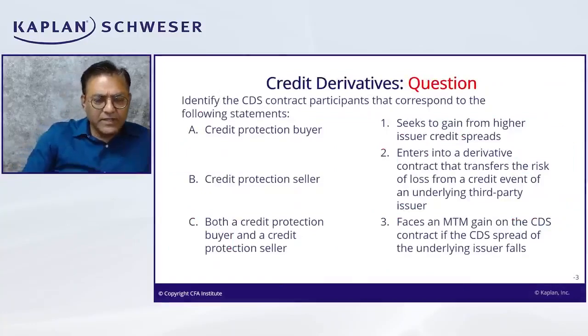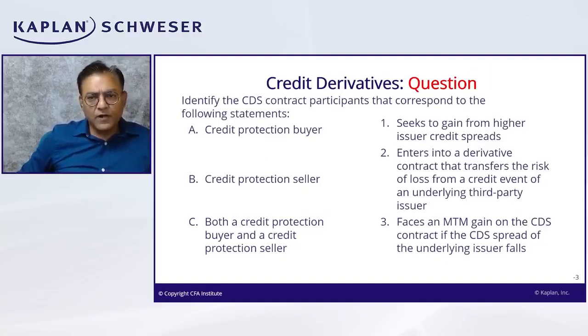Okay, so mix and match for credit derivatives. You are asked to identify the CDS contract participant, whether it is the protection buyer or seller, and associate it with the appropriate statement. Now, the credit protection buyer faces an MTM gain if the spread increases.